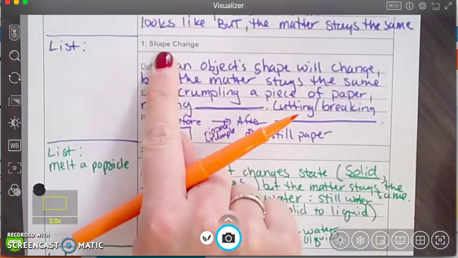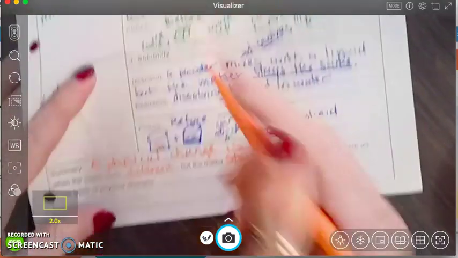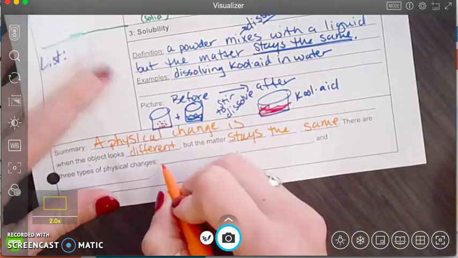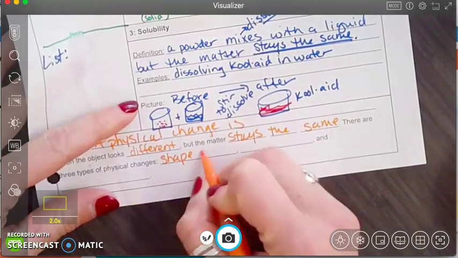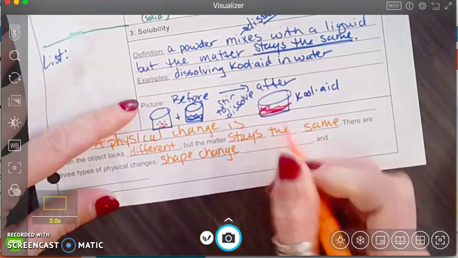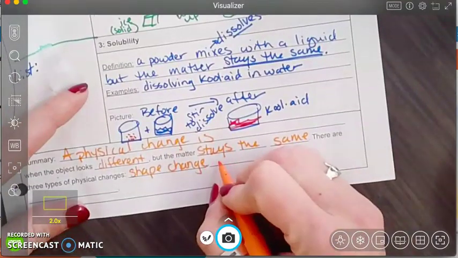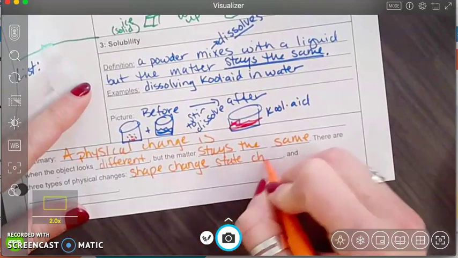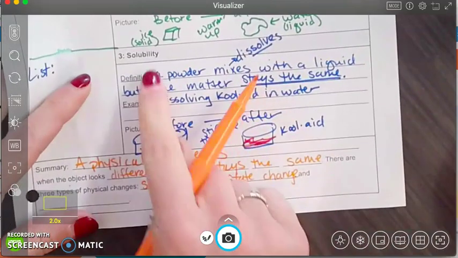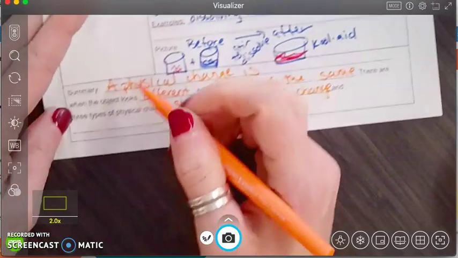It is shape change. So there are 3 types of physical changes. Shape change. I know my second one is state change. And my third one is solubility.